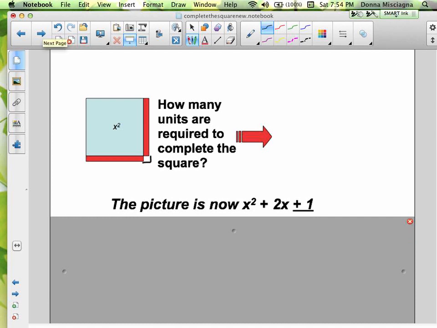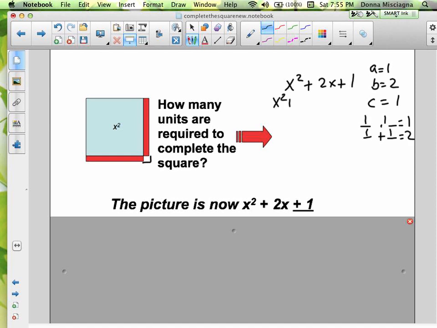Let's factor. So we have x squared plus 2x plus 1, right? And so a here, let's put it over here. A is 1, b is 2, c is 1. 1 times 1 is 1, so we need 2 numbers that multiply to give us 1, but add to give us our b term of 2, and that was 1 and 1.